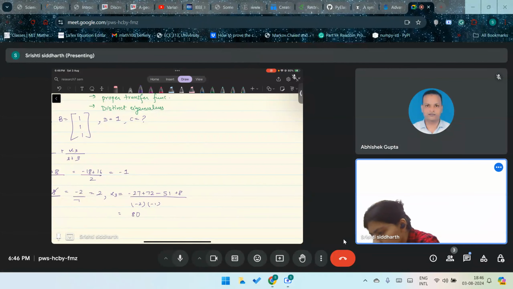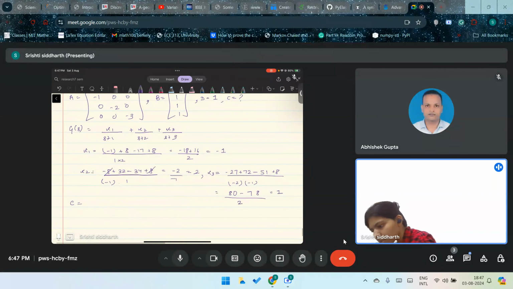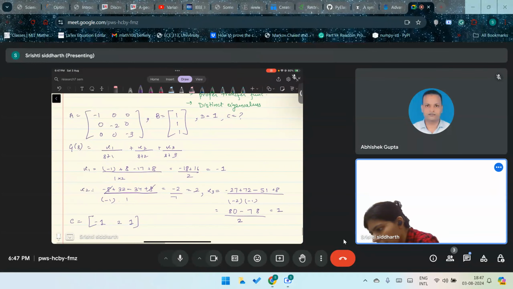We have 80 and then we have minus upon -2. Sorry, so it becomes plus. So this is just 1. So C is therefore -1, 2 and 1. Alright, so we already have the A, B and D matrices.